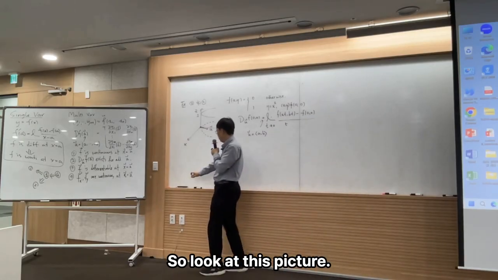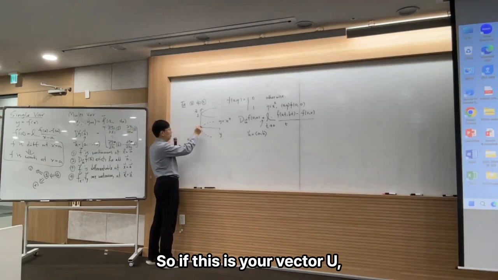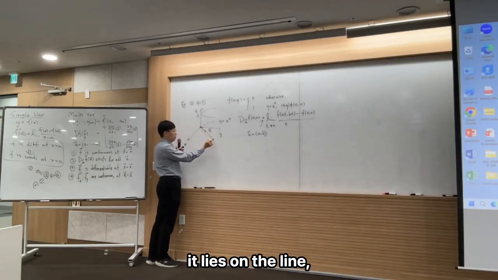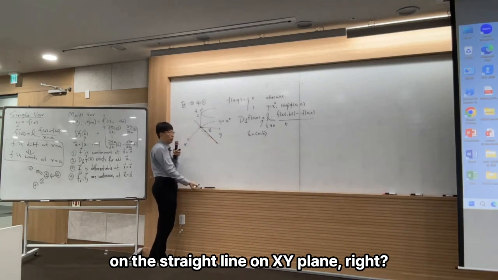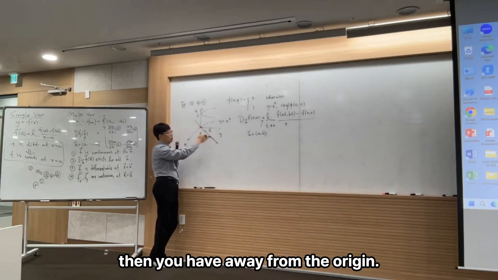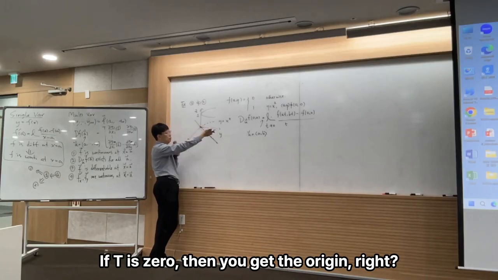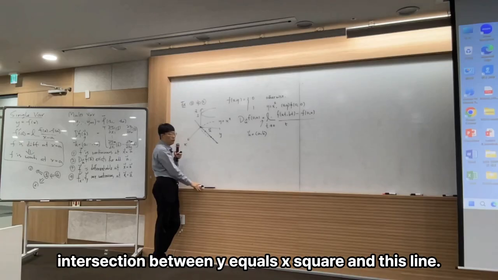So look at this picture. Where does (at, bt) lie? If this is your vector u, it lies on the straight line on the xy plane, right? According to t, whatever t we take, you move away from the origin. If t is 0, then you get the origin, right? So at some point, maybe there could be an intersection between y equals x squared and this line.